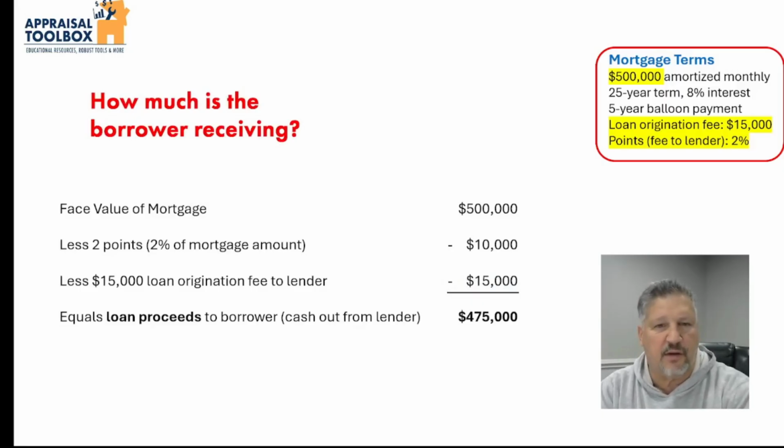So if we deduct out the expense for the 2 points or 2% of the mortgage amount, that's $10,000 due to the lender. And the borrower also has to pay a $15,000 origination fee. So after payment of those 2 expenses to the lender, the borrower actually is only going to receive $475,000. So the face value of the mortgage is $500,000, but the borrower walks out of the bank with $475,000.